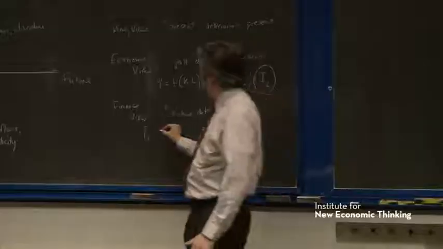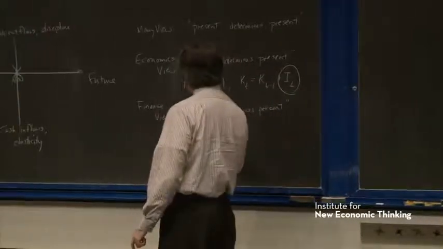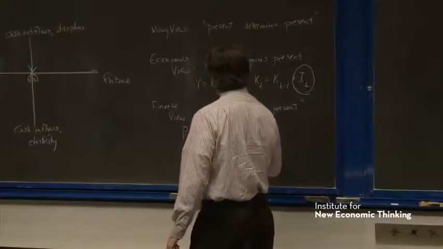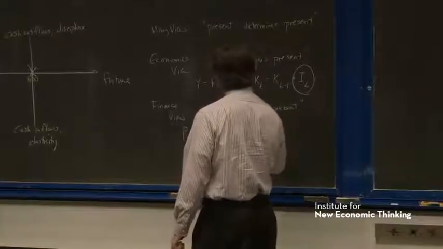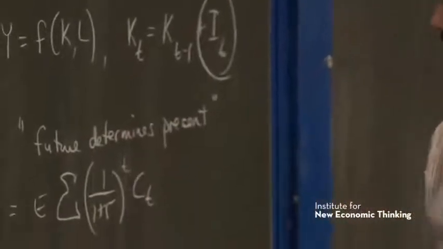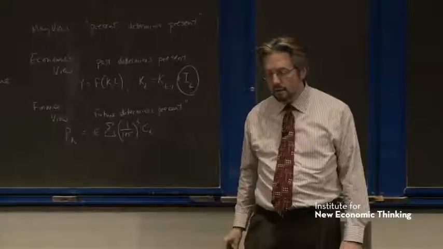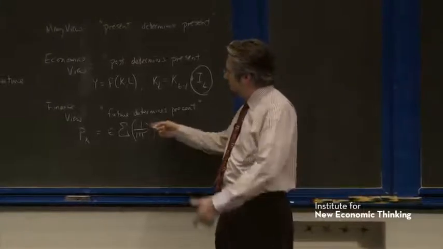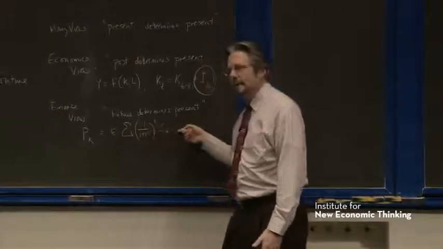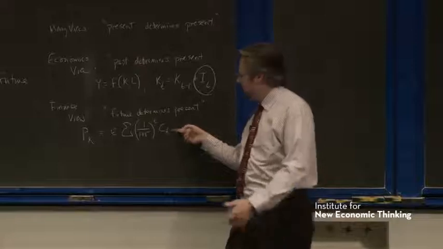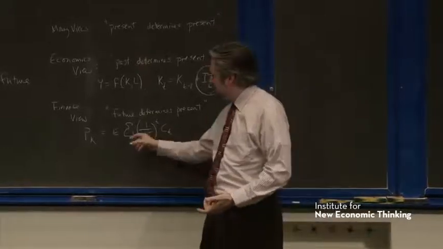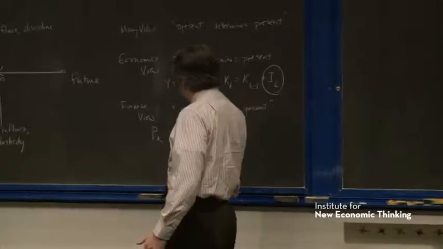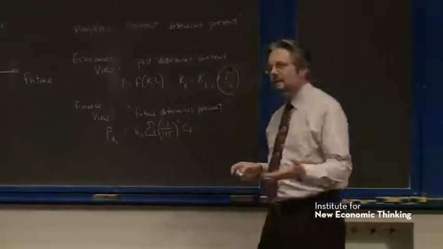The price of capital is the expected discounted value of the flow of coupons. Now here, this is my bond formula that I showed you before. But they're all in the future, and these are expected at time zero, at time now, looking out into the future. Those expectations.